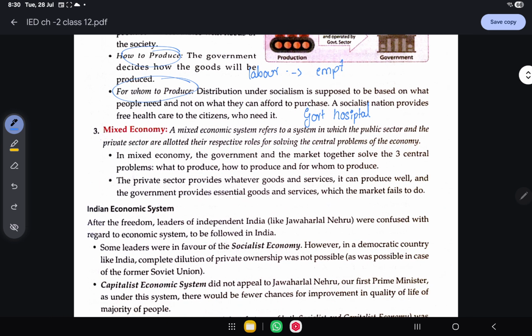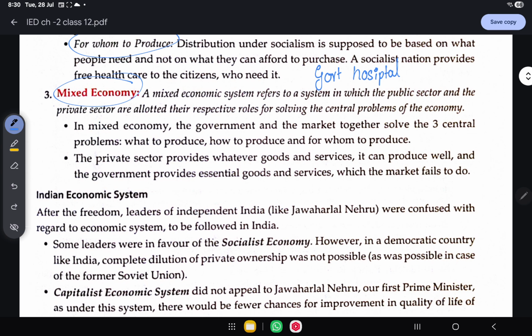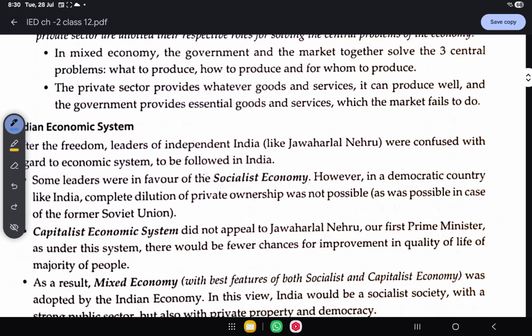Okay, similarly, if you take the mixed economy, as the word itself says, there will be a mix of both capitalist and socialist features. That means both the private sector as well as the government sector operate here. Market forces as well as government planning together solve the central problems. For example, India is a mixed economy.